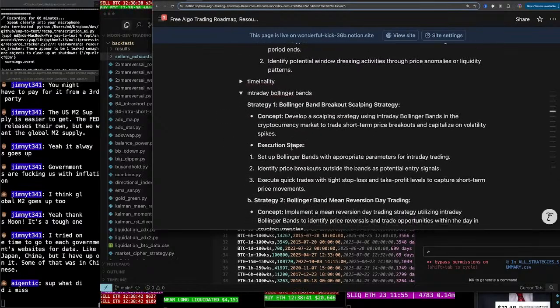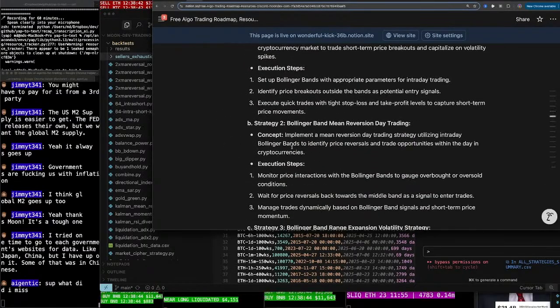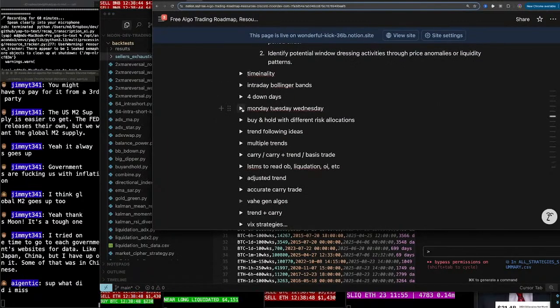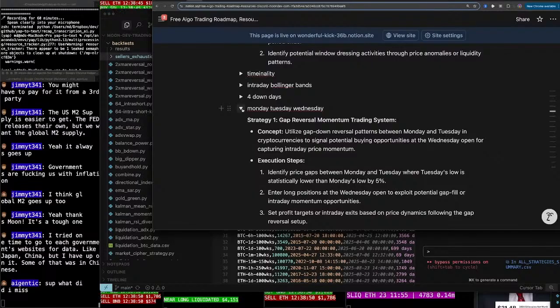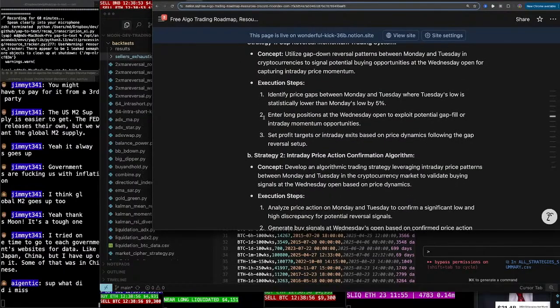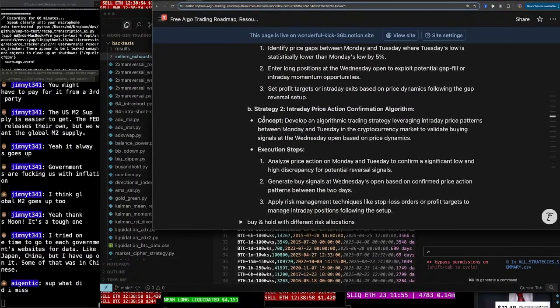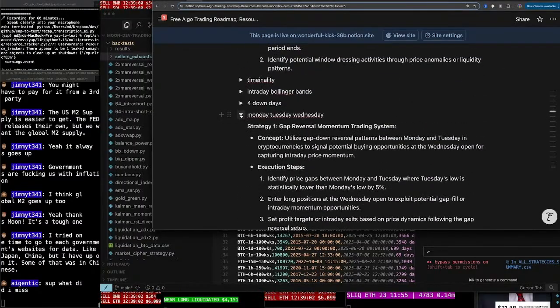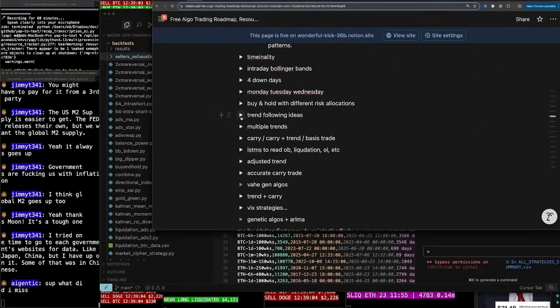Intraday Bollinger Band. Monday, Tuesday, Wednesday. Intraday price action confirmation. This roadmap is free, by the way. Just go to the website.